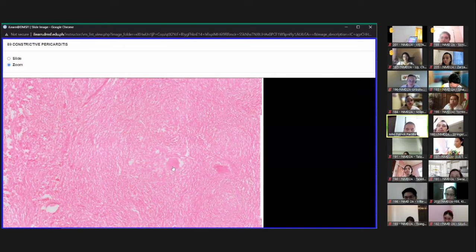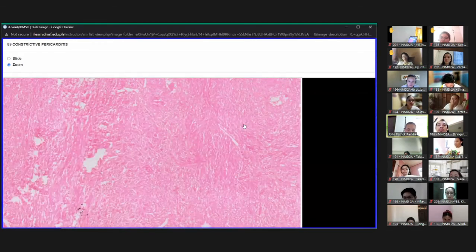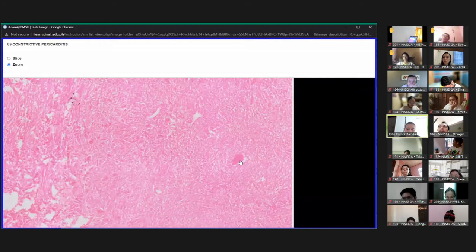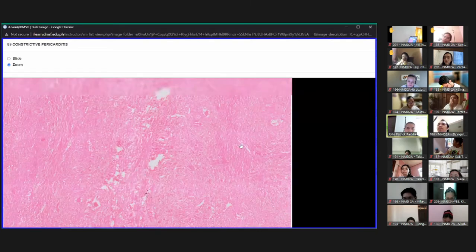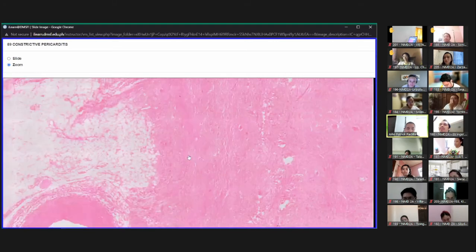These are Langhans type giant cells. This one. Okay, so those are Langhans type giant cells, and this would mean that there would be the presence of chronic granulomatous inflammation. So that would be the etiology for constrictive pericarditis.